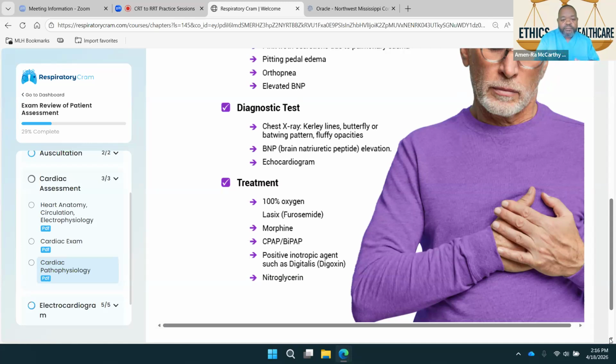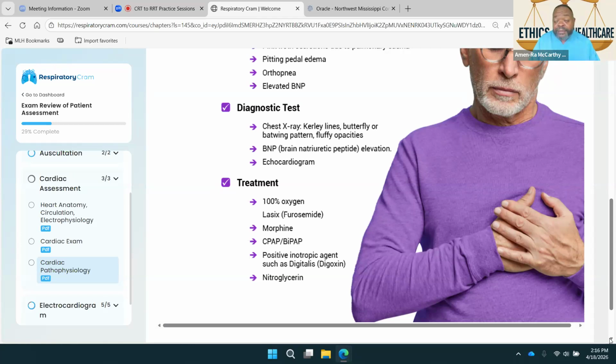Or do we do an echo, right? It depends on the symptoms of the patient. Is he symptomatic or does he just have a history of it, right? If he comes in with a history of CHF, and he was having a little pink secretions every now and then, yeah, let's get an echo and see how bad it is, right? See if his heart is performing and beating at the strength it should be, right?